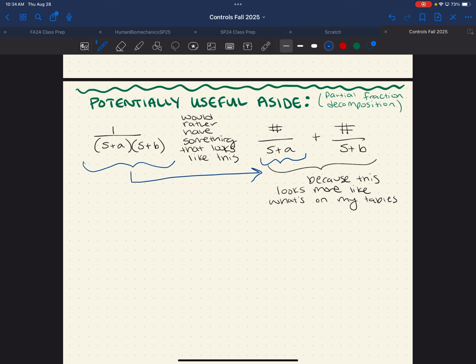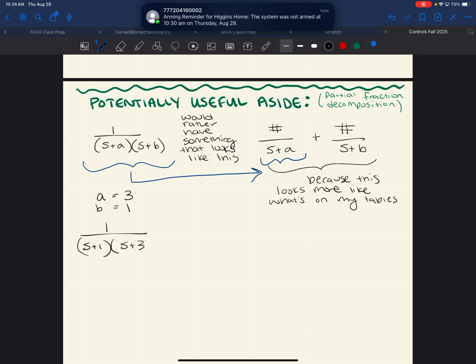What I would like to see happen is, let's make this a little more concrete. Let's assume that we're dealing specifically with a equals 3 and b equals 1. So let's say we have 1 over s plus 1, s plus 3.